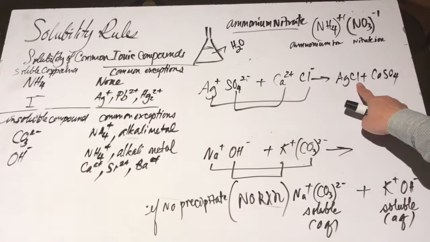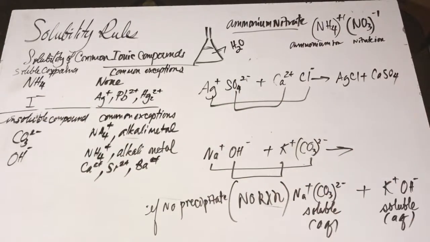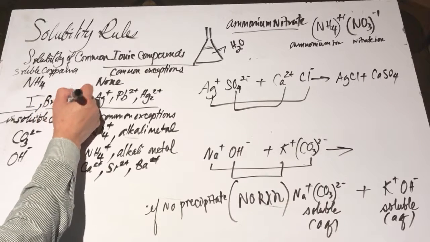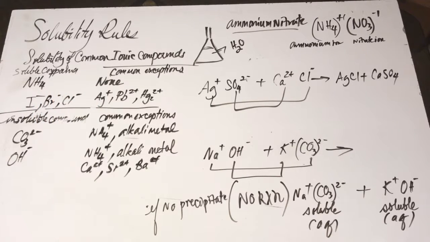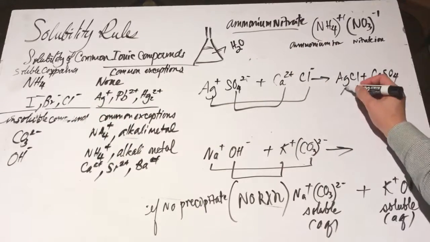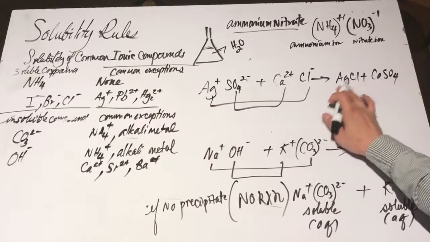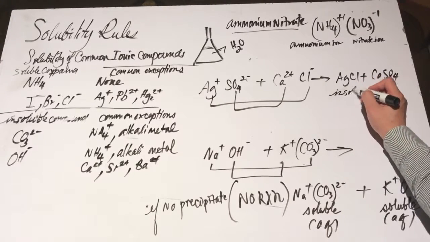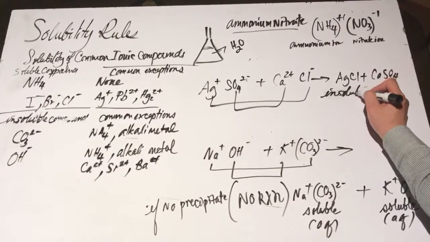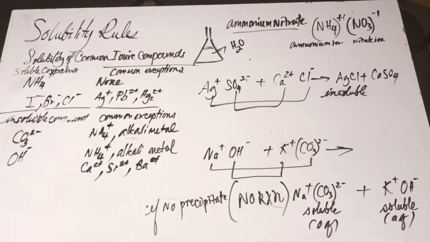Now we're going to look at the chloride ion to see whether or not it has any exceptions. Basically, any iodide, bromide, or chloride ion reacts the same way. Look at the chloride ion with exceptions: that makes it insoluble. How about calcium sulfate?